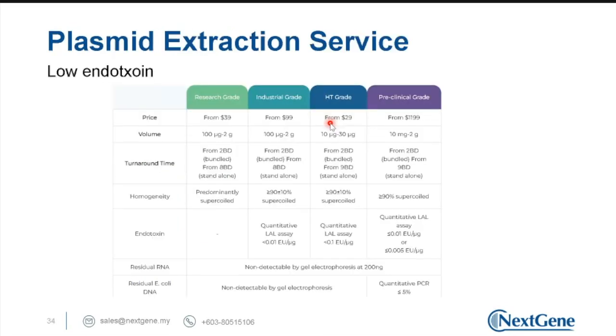If you do not wish to perform the bacterial propagation and plasmid extraction, we do offer a plasmid extraction service as well if you need more of this plasmid of interest. In addition to that, we also offer low endotoxin grade plasmid DNA in case you are doing mammalian cell culture that is sensitive to endotoxin.